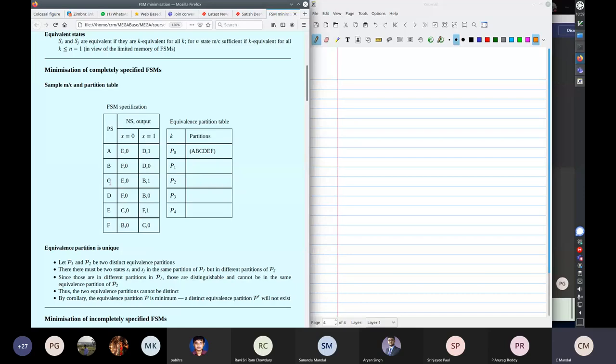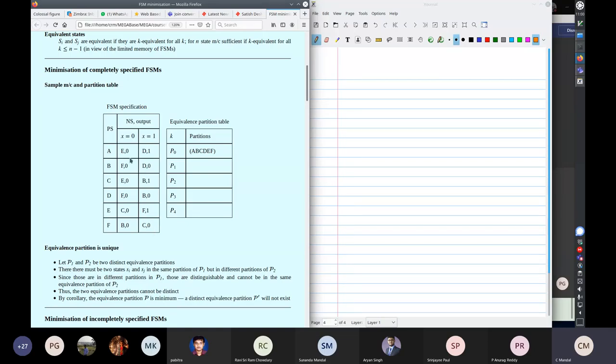If you're in state C, you get an output 1. If you're in state E, you get an output 1. On the other hand, if you're in state B, you get an output 0. If you're in state D, you get an output 0. And if you're in state F, you get an output 0.